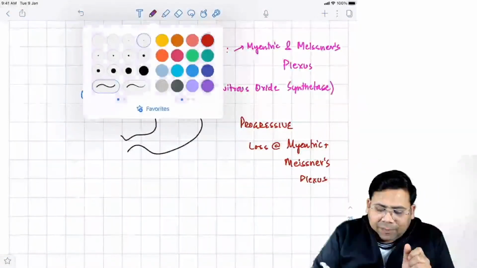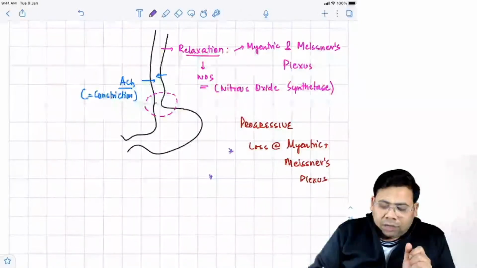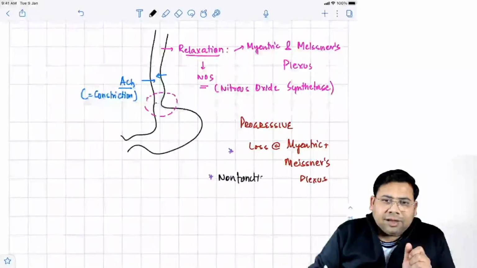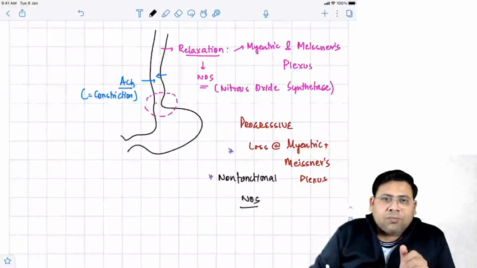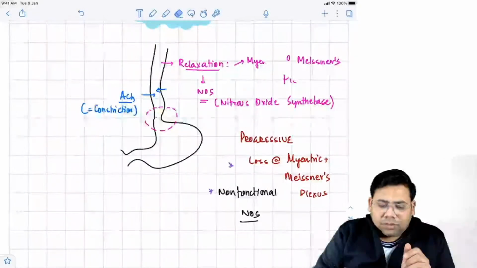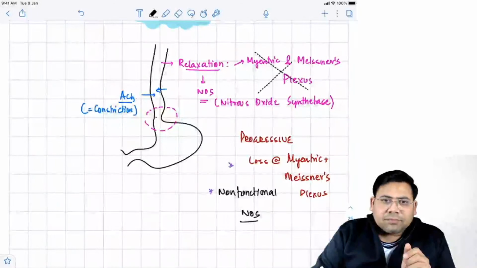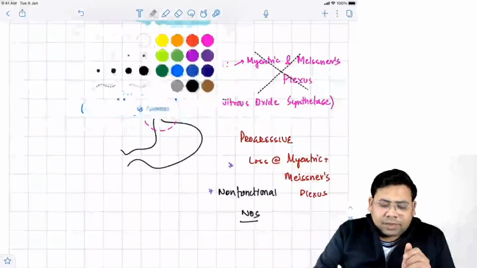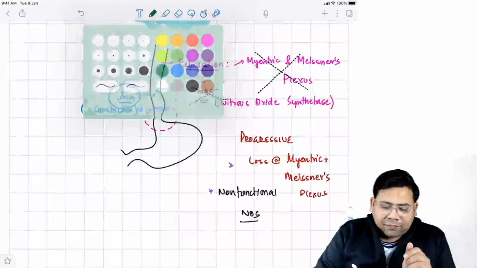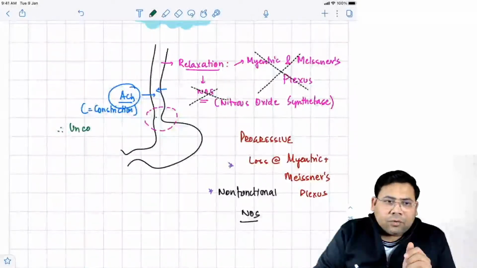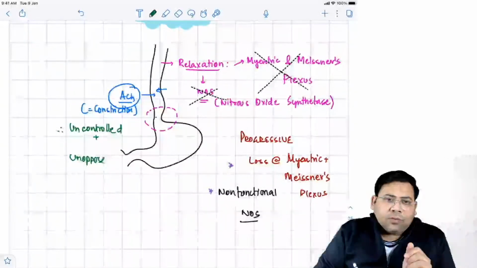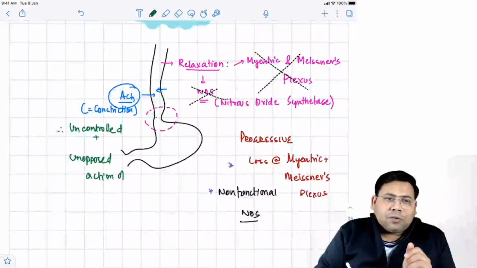The second problem is there is also a non-functional nitric oxide synthase. If nitric oxide is gone, there is no one to counter acetylcholine, and therefore there is uncontrolled, unopposed action of acetylcholine. Are you getting this?